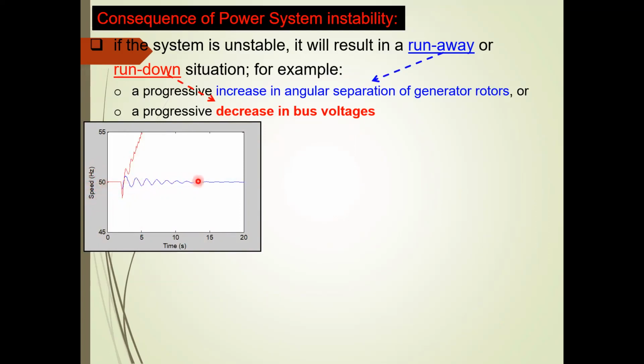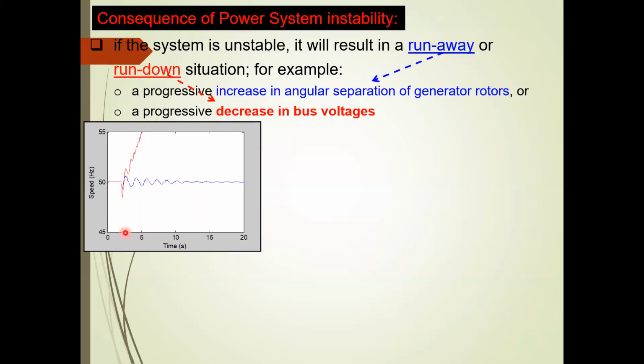We have the blue line and we have the red line. And we want our system frequency to be 50 Hertz here. If the system remains stable following the disturbance at this instant of time, then the frequency will have some deviation and some oscillation.